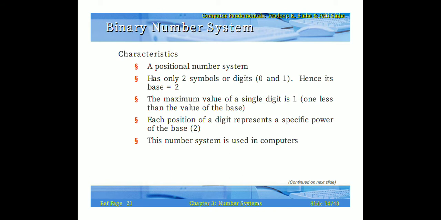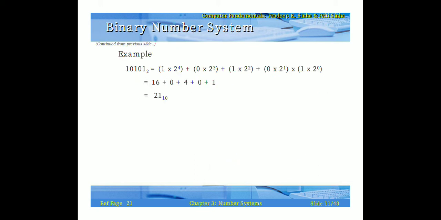The binary number system uses only zeros and ones as its symbols. The maximum value of a single digit is 1, and the least value is 0. Here there is a number 10101 in binary. You can convert this into the decimal number system by multiplying each digit by its positional value, that is 1 into 2 raised to 0, 0 into 2 raised to 1, 1 into 2 raised to 2, 0 into 2 raised to 3, and 1 into 2 raised to 4.